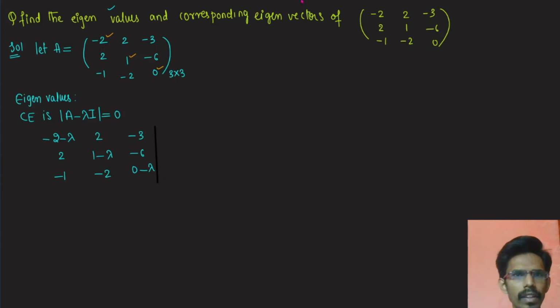Here we have to find the determinant of this matrix. Now in the first row we assign the signs. This is taken as positive, negative, positive.